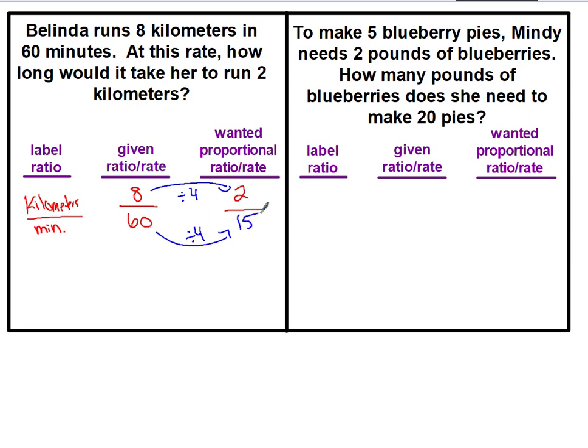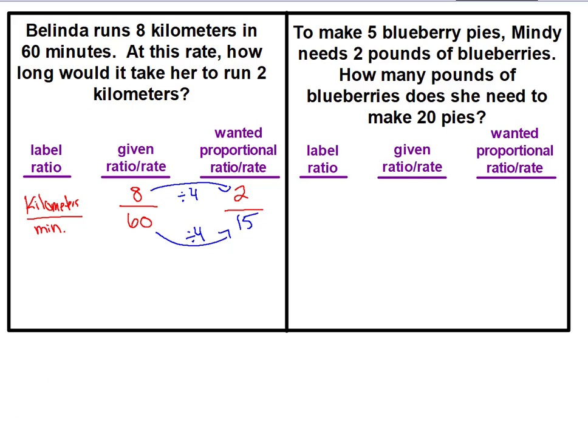So at that rate, she takes 15 minutes to run 2 kilometers. And remember, scale factors can be multiplying, can be dividing, either way. Sometimes you do have to simplify this first fraction to then multiply, just like we did earlier today, but you'll still get the same answer.